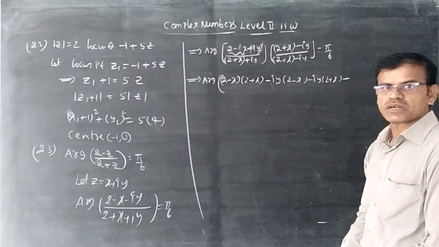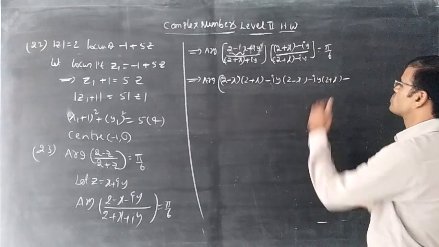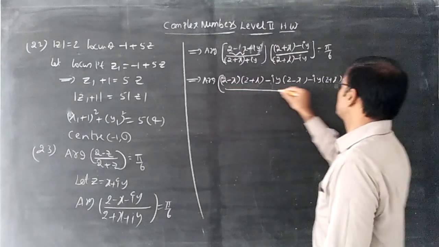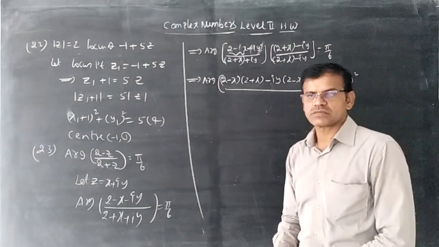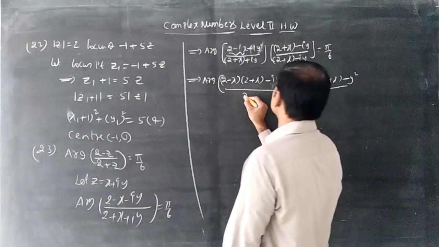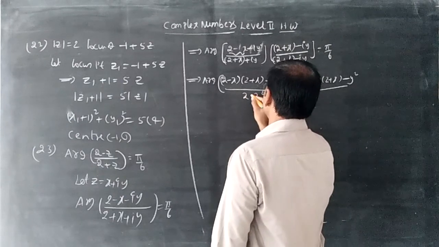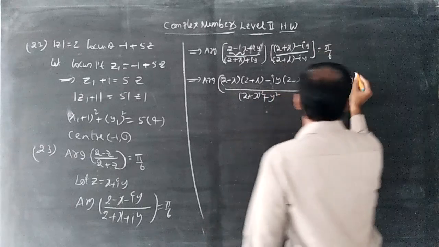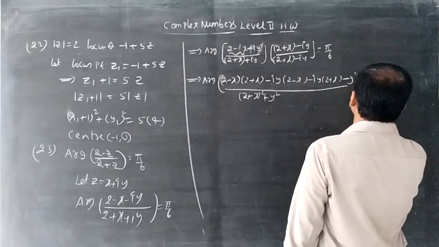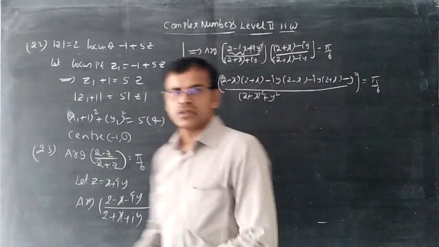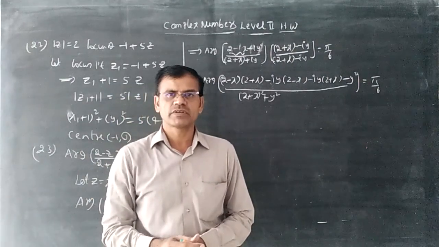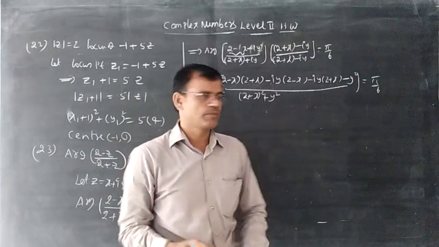2 minus x into 2 plus x minus iy into 2 minus x minus iy into 2 plus x, minus of minus becomes plus i square, plus i square means minus 1, this is minus y square, real part. This is x plus iy into x minus iy concept, x square plus y square, so it is 2 plus x whole square plus y square. We know that argument of any complex number, meaning theta is equal to tan inverse imaginary part by real part.